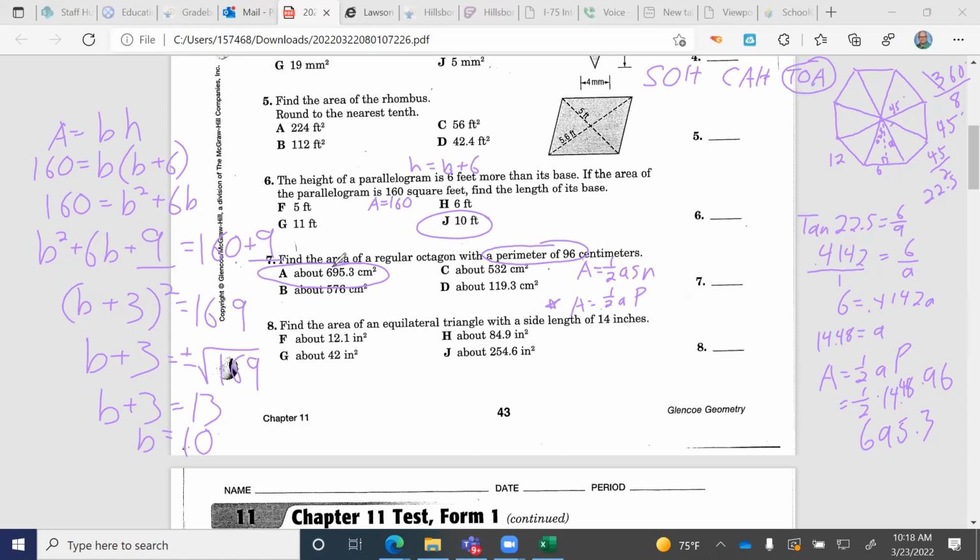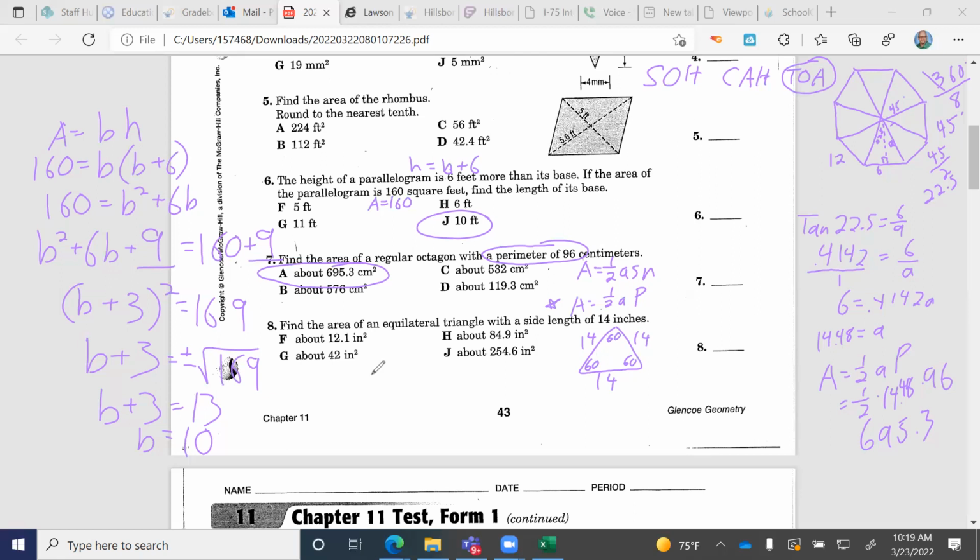Area of a triangle using SAS, side angle side. What are all the sides in an equilateral triangle? They're all the same. They're all congruent. So one side is 14, they're all 14. What are all the angles? All the angles are 60 degrees.